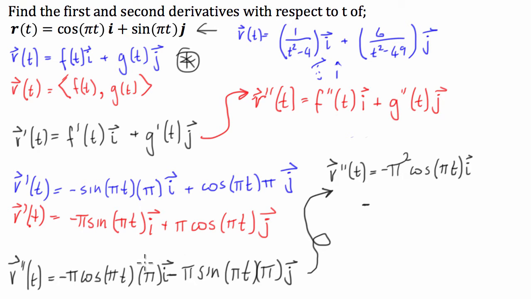I've run out of space. Minus, take this pi to the front, pi squared sine of pi t j. Cool. So that's the simplified version of it.